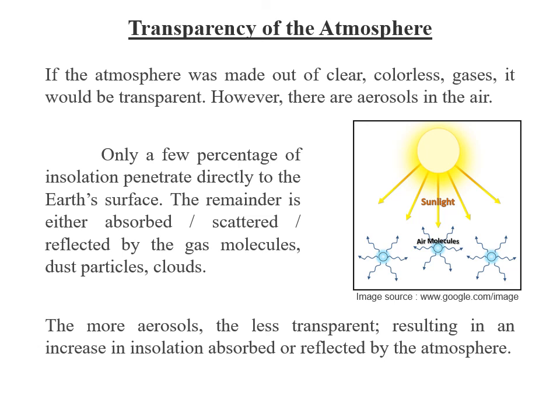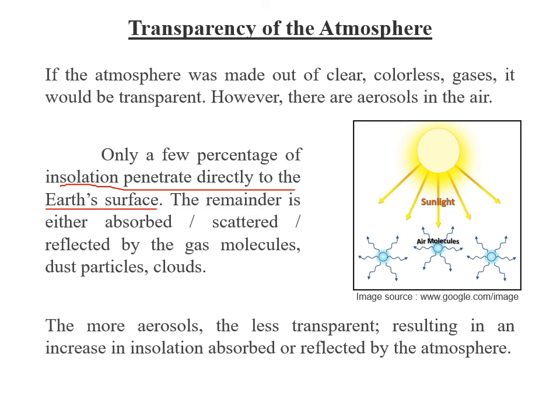Only a very minute amount of incoming solar radiation can directly penetrate and fall on the earth's surface. Most of the incoming solar radiation is affected somehow by these restrictions.